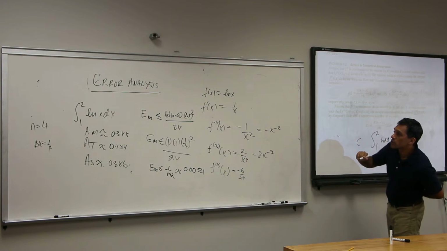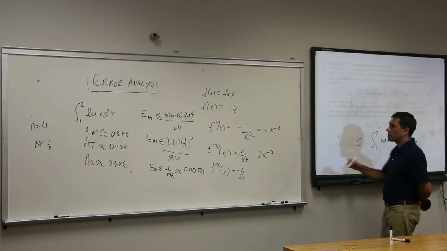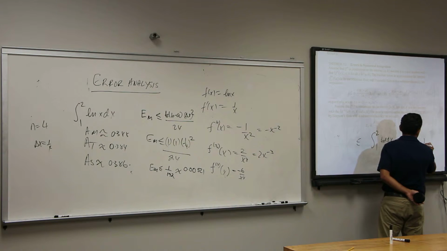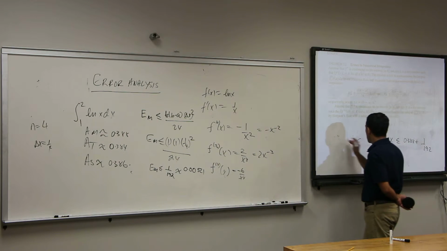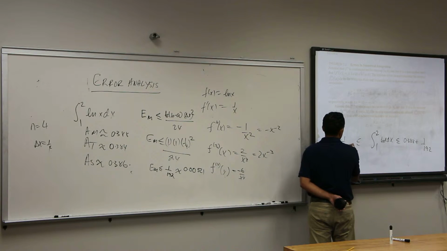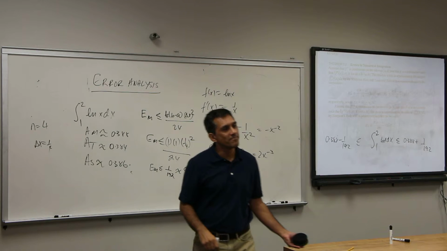So say 0.388 plus or minus 0.001, or between 0.388 minus that. And I do not know the exact answer.